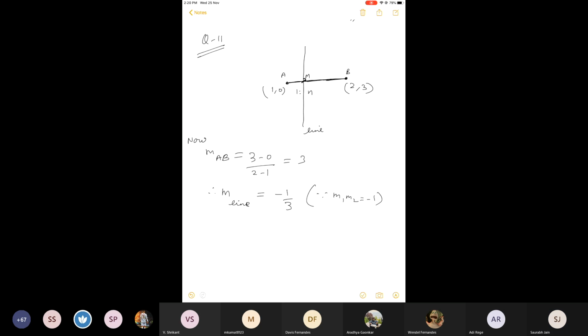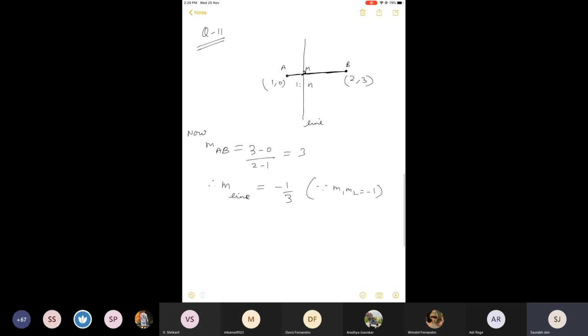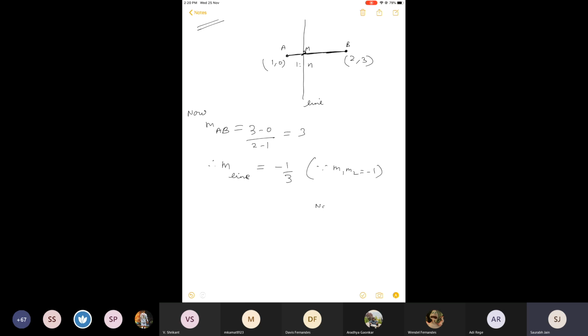Now we have the slope of the line and we have to find the equation of the line. So we need one more thing, and that will be the point M. If you use the section formula, you can find the coordinates of M, because point A is given, B is given, and the ratio AM is to MB is also given, 1 is to n.